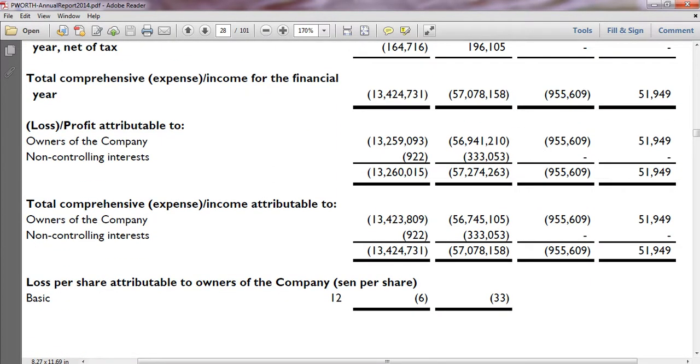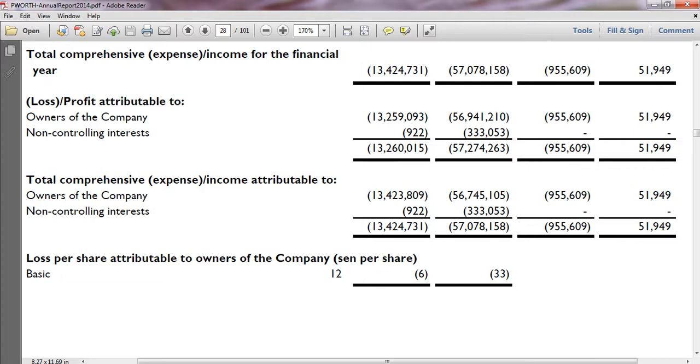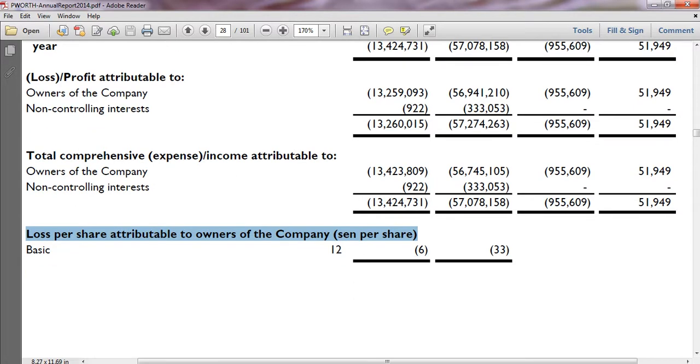So after I scroll down to the basics, as you can see, this is the earning per share that I'm talking about. So basic, this is cent per share, 6.